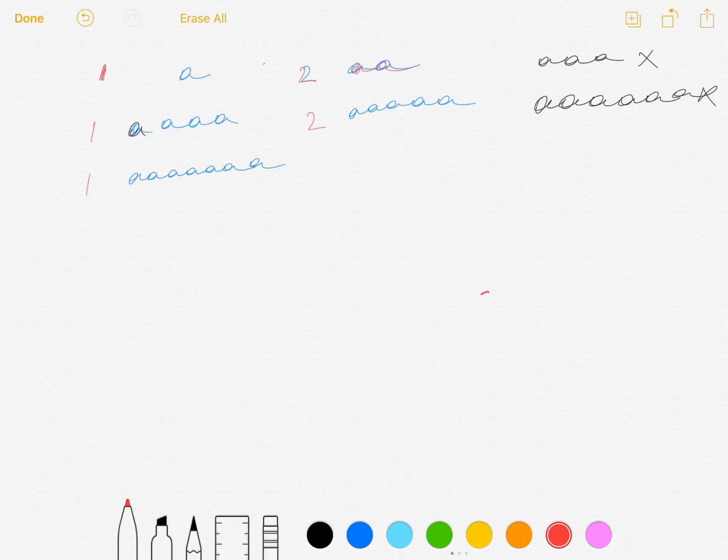In case of 8a, remainder is 2. In case of 9a, it is not accepted.